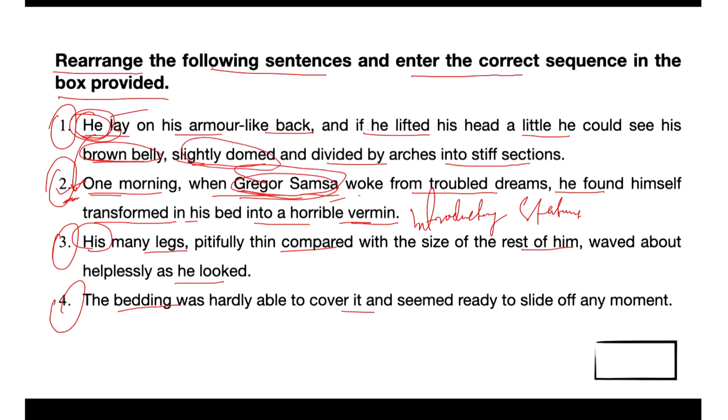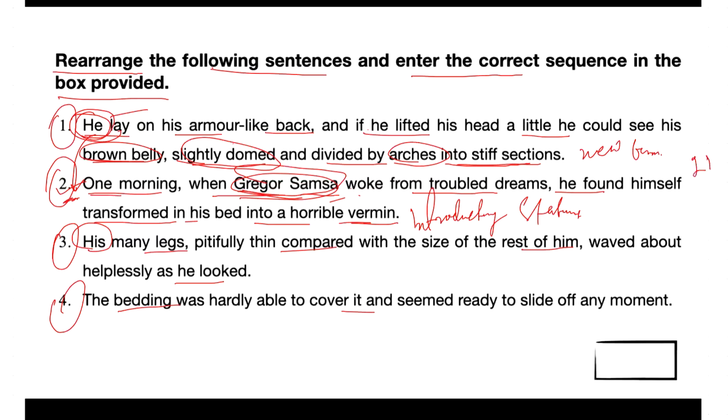Those are physical state and surroundings, giving the reader a vivid image of his new form. So two and one make a kind of pair here.